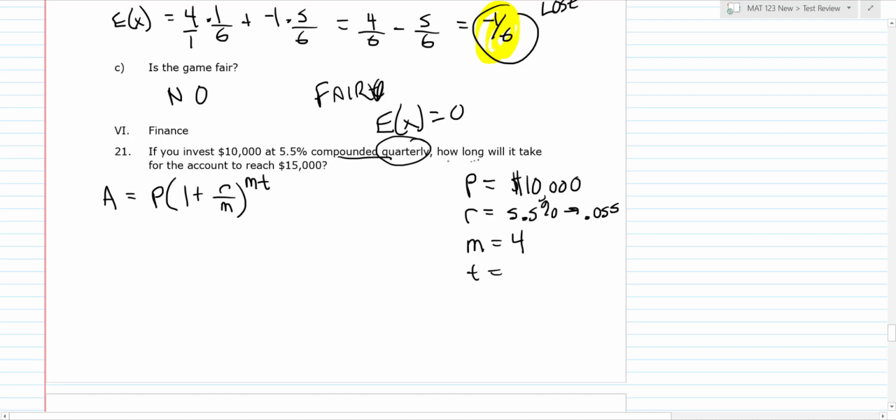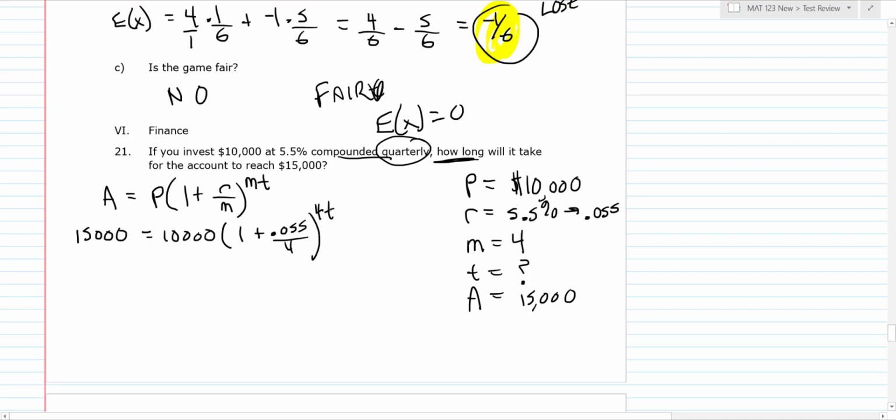It says how long, so that's what we don't know. The amount is what we're going to reach, $15,000. So I always recommend write down the formula you need, write down what you're given. So when you plug this in, you're going to have 15,000 equals 10,000 times (1 plus 0.055 over 4) to the 4t power.